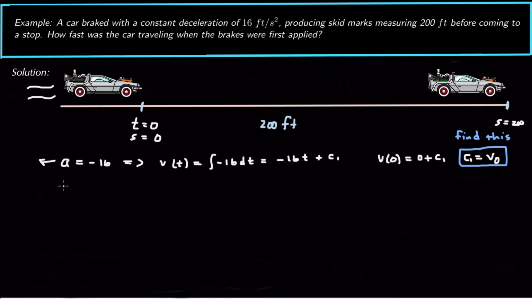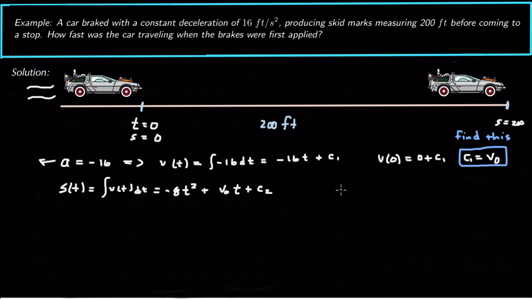Now, s of t is the antiderivative of v of t. So s of t is the integral of v of t dt, which is, if I antidifferentiate these two terms, negative 8t squared plus v0t plus c2.